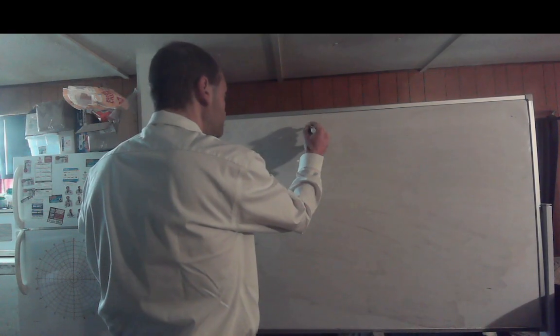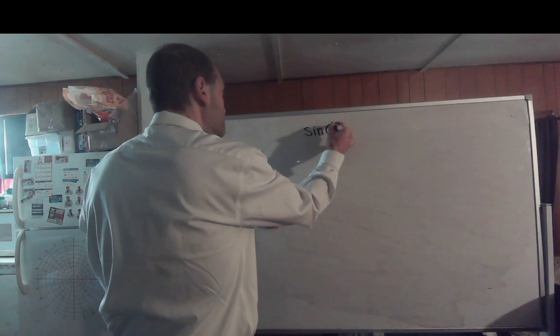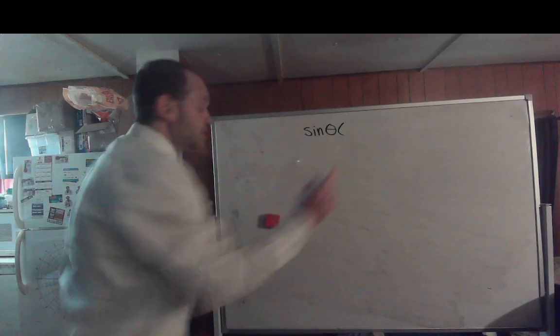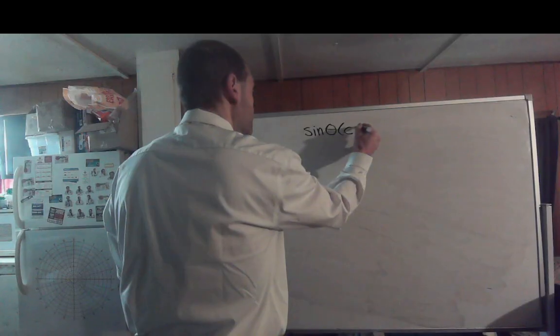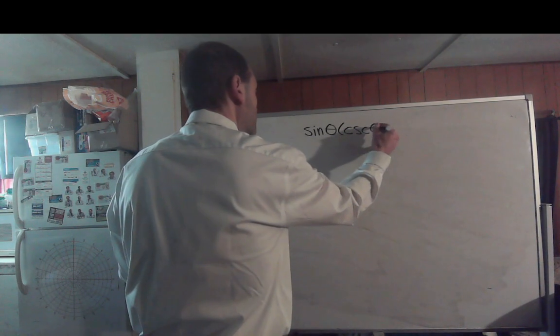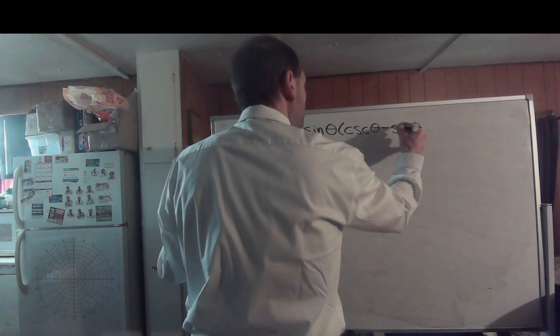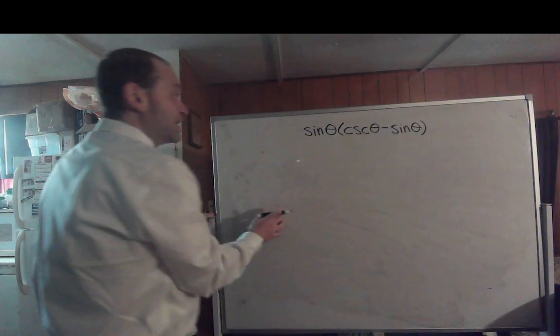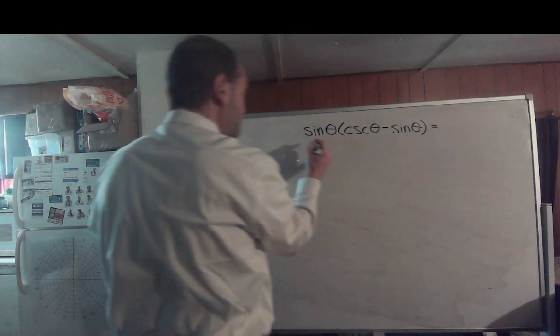Alright. We have the sine of theta times the quantity of the cosecant of theta minus the sine of theta. Well, we can definitely use the distributive property here to start simplifying this.